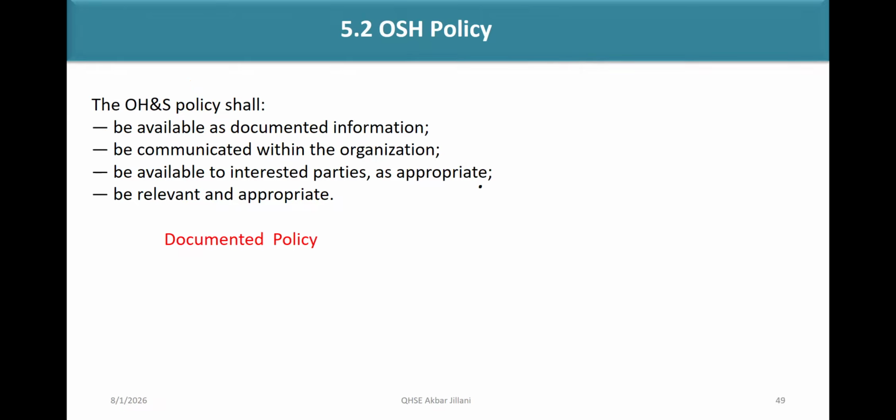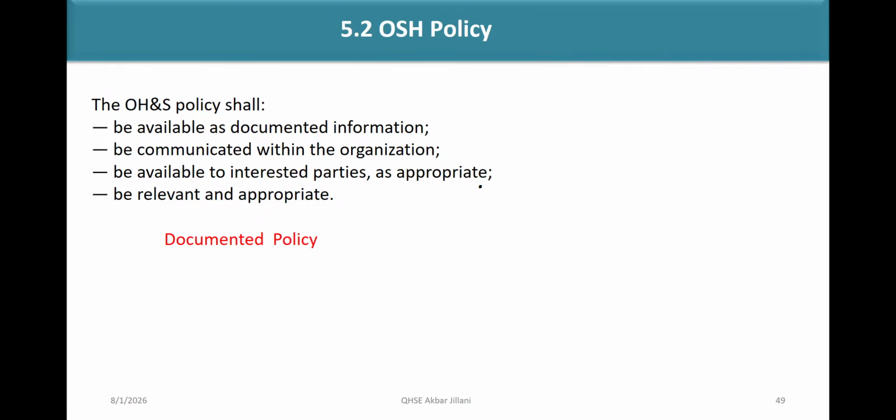Now, the OHS policy shall be available as documented information, meaning soft copy or hard copy, no problem. Be communicated within the organization. We can communicate this by displaying it on the notice board of the company or on the company website.